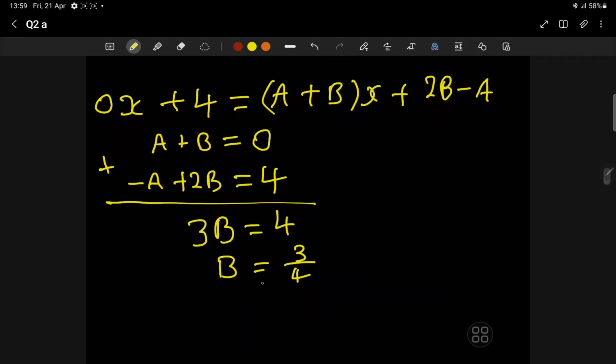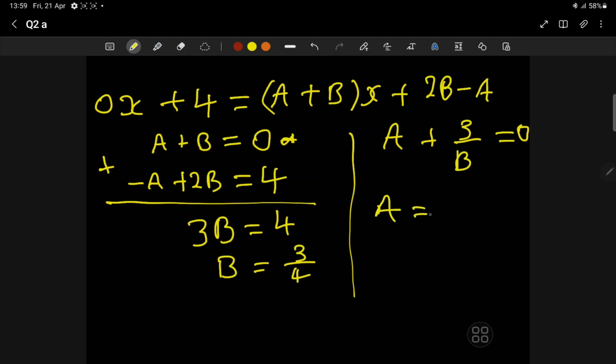Then we can replace this b in, let's say, this one. So this will give us a plus b is equal to 0, which gives a is equal to negative, sorry, this is not 3, this is 4 over 3. So negative 4 over 3.